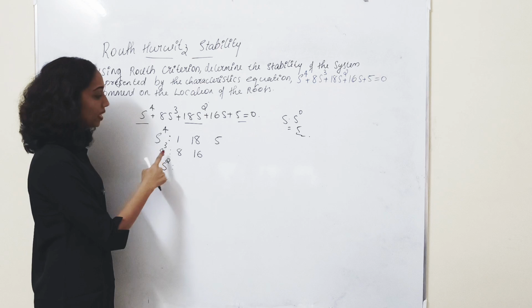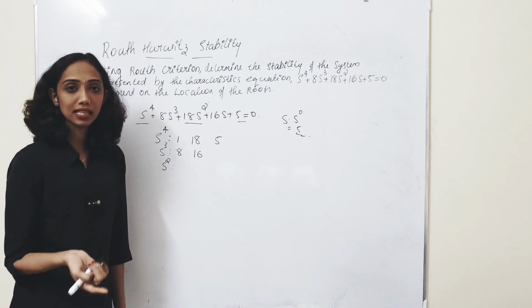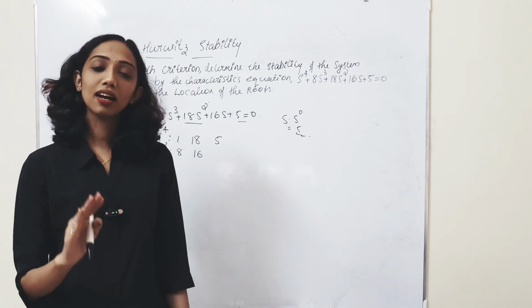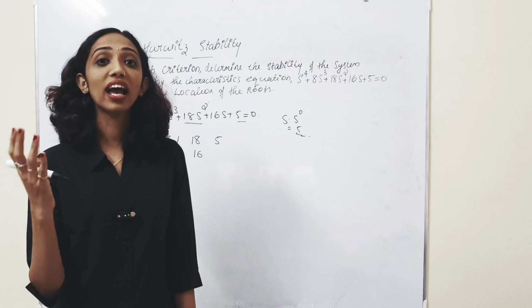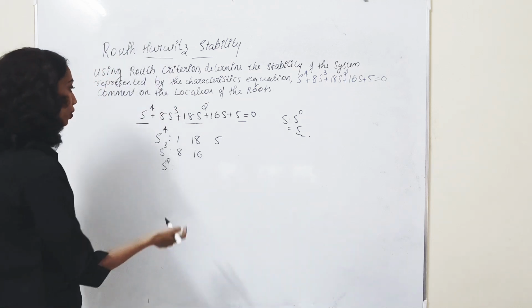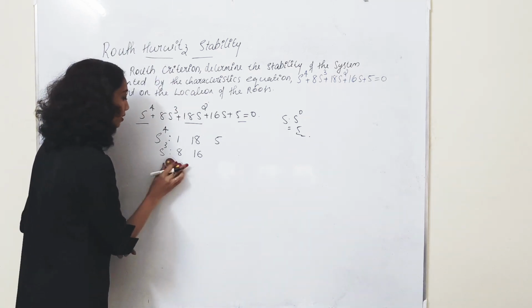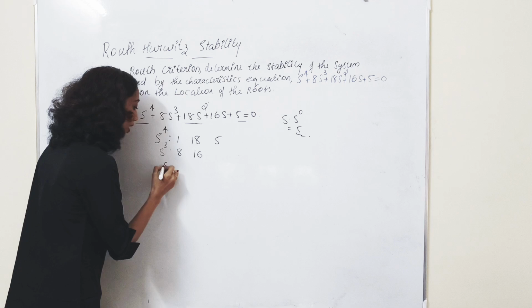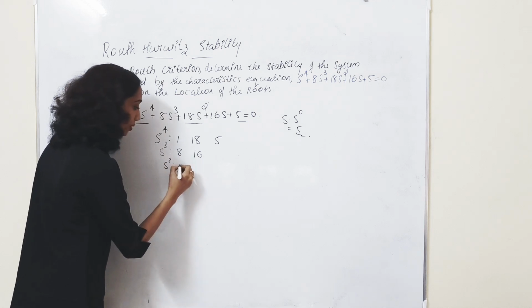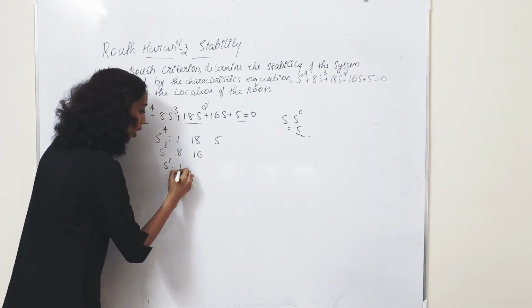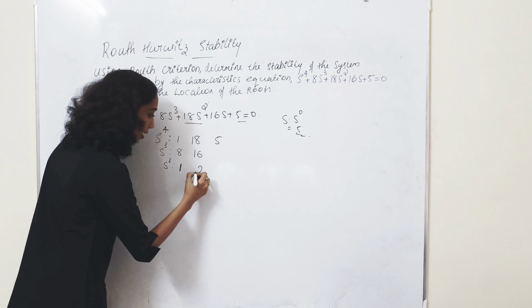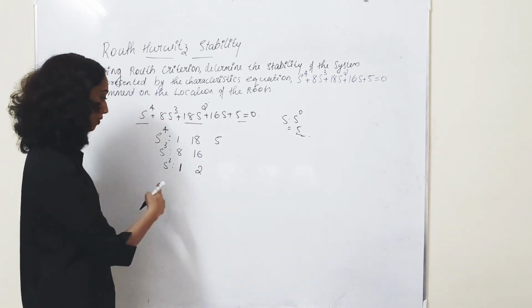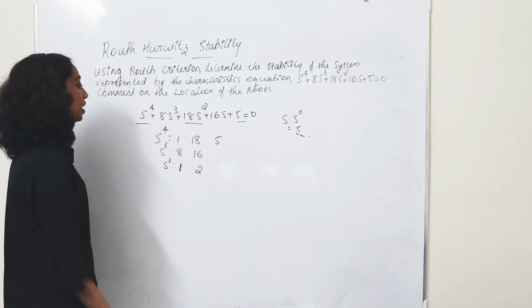Then s cube means it's 8 and 16. 8 and 16 are divisible by 2, 4 and 8 also. So I divide these numbers by 8, and I get the values 1 and 2.